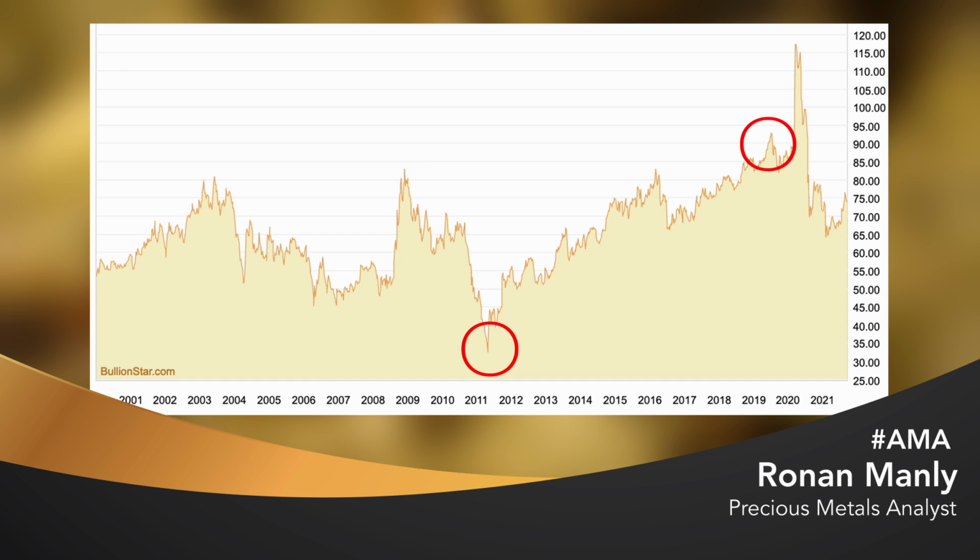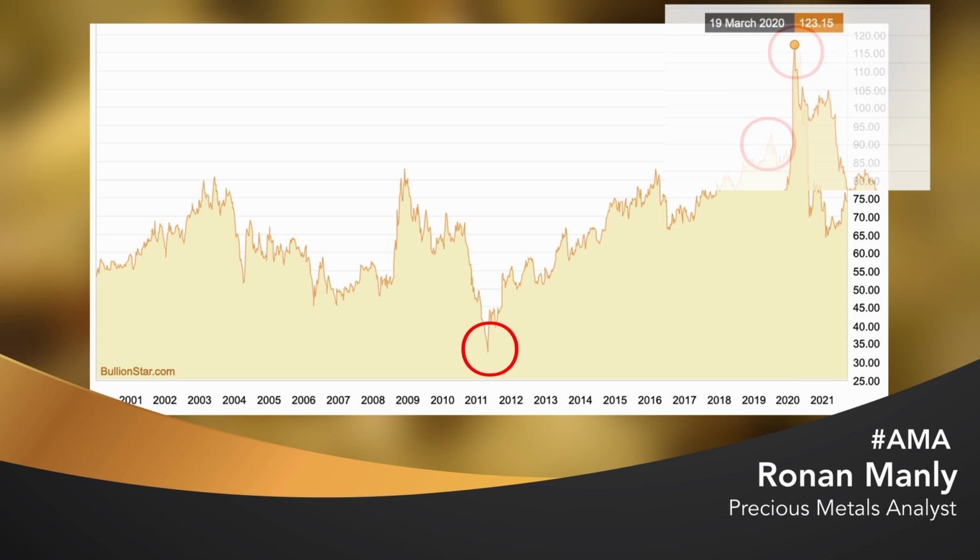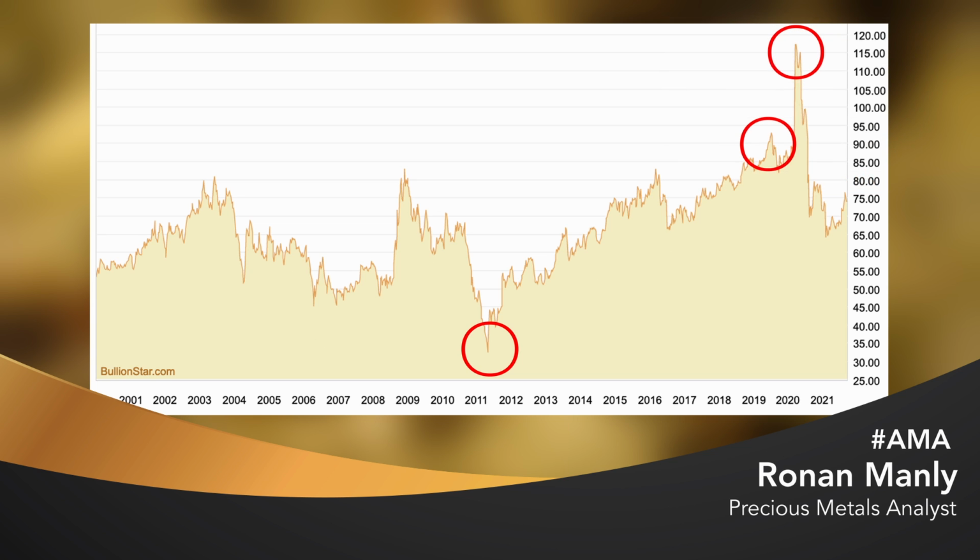Then in March 2020, during the extreme financial volatility of that time, the gold-silver ratio hit a peak of 123. That peak was actually an all-time high for the gold-silver ratio. It stayed elevated, but started going down slightly in the next few months after March 2020, and since then has come down to the 80s and the 70 range.